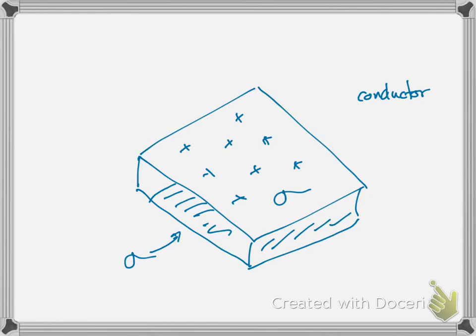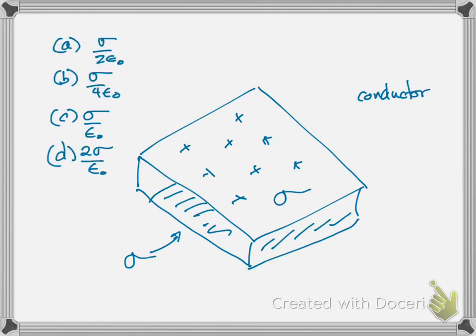Now let's ask, what is the field outside of this conductor with a charge density sigma on its surface? So that's a clicker question. Well, actually, I haven't given you the answers. So there you go, there are your answers.